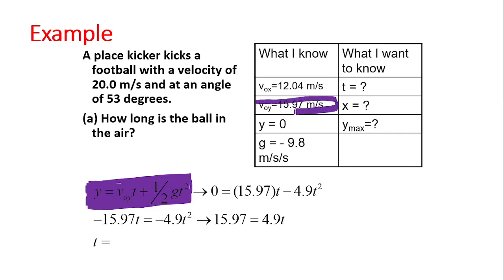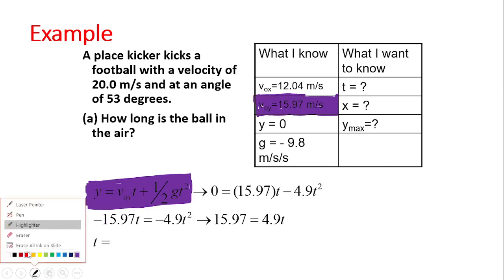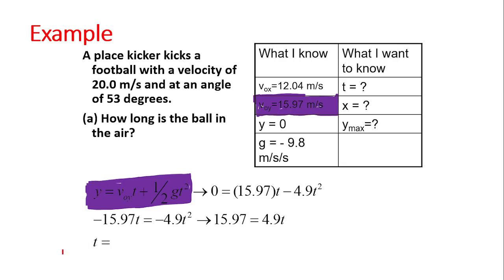So the initial velocity was 15.97, and the distance that was there, it was what? It was 0. So you're going to plug in there. Then this y will automatically be indicated as a 0.